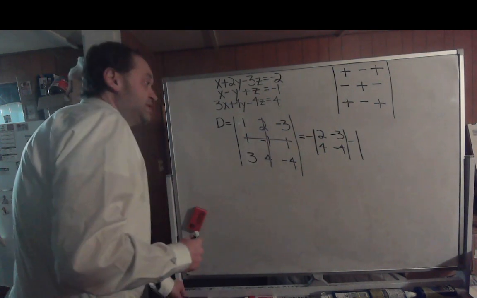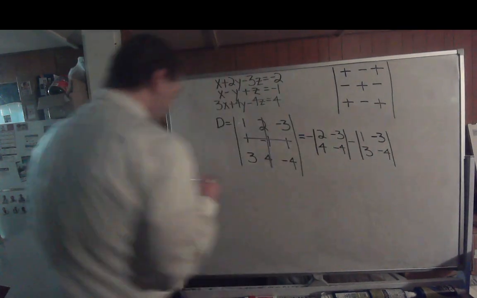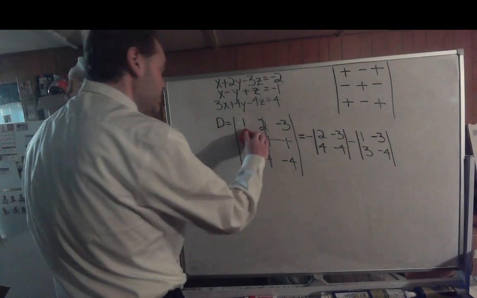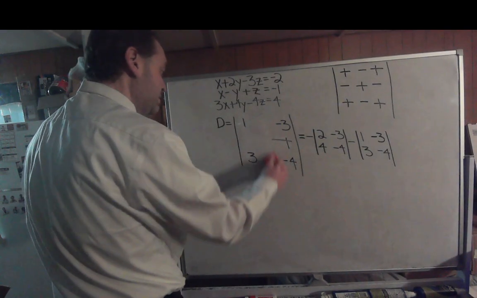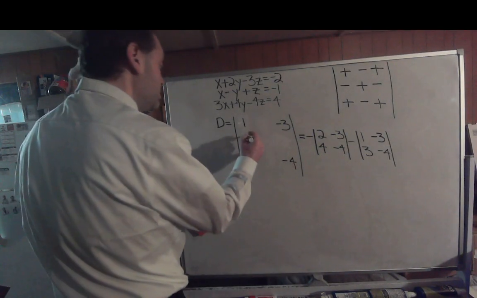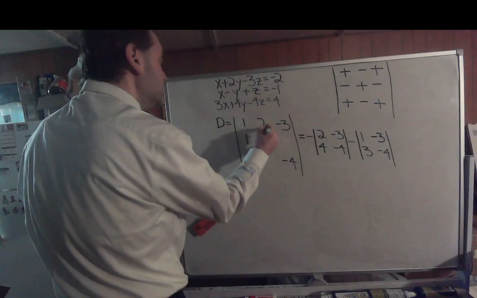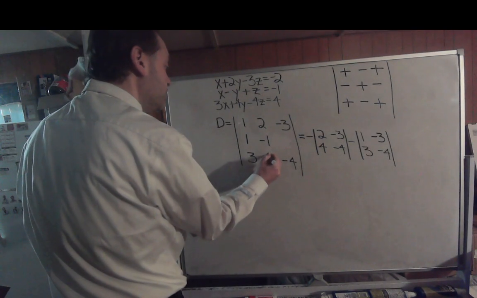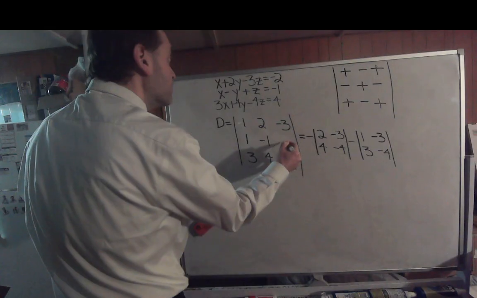So the resulting determinant is going to be 1, -3, 3, -4. And then we should have one more determinant to work with. So let's rebuild this again. 1, all right, the y's, let's see, 2, -1, 4, -3, +1.